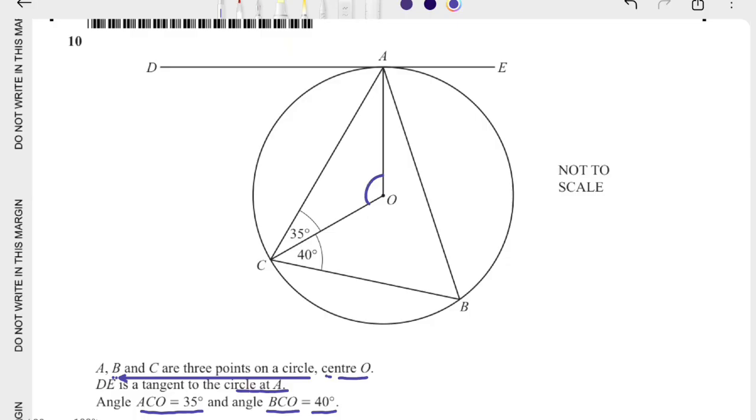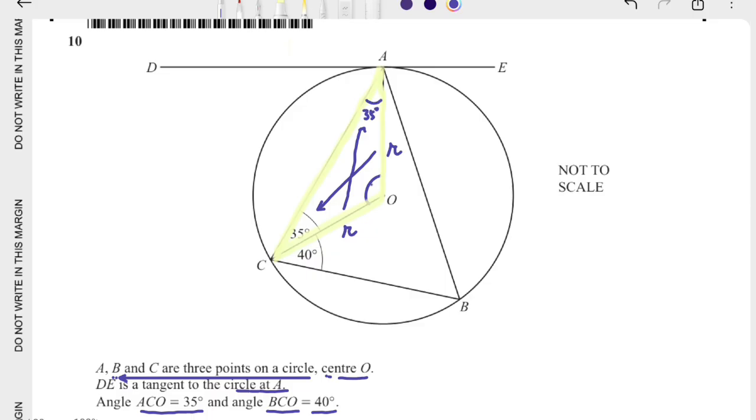Students, just observe, triangle OCA is an isosceles triangle. Just observe, as this is the radius of a circle and this is also a radius, and in front of a radius the angle is 35 degrees, and in front of the other radius the angle should also be the same, because of the isosceles triangle.